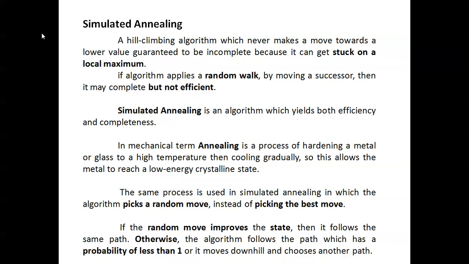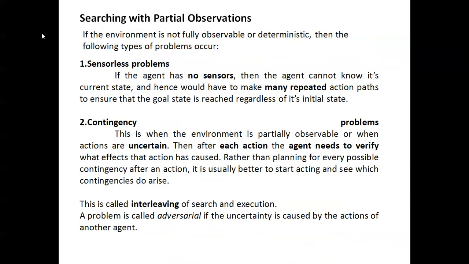The algorithm picks a random move instead of picking the best move. If the random move improves the state, then it follows the same path. Otherwise, the algorithm follows a path with probability less than 1, moving downhill and choosing another path.